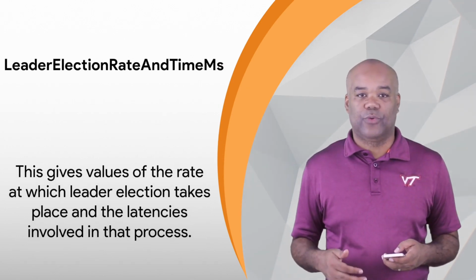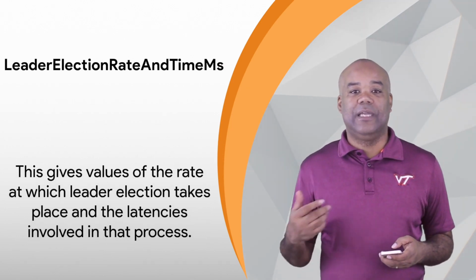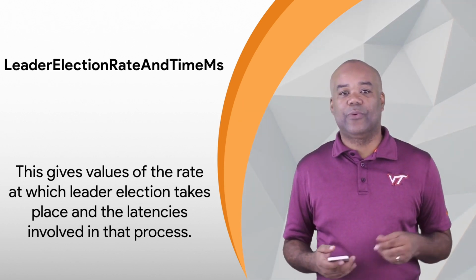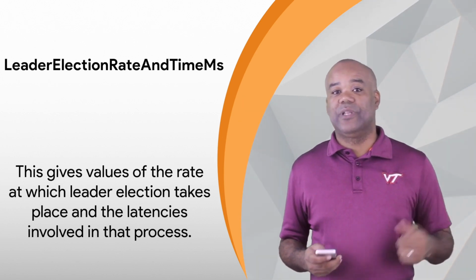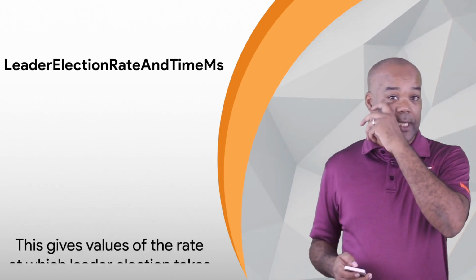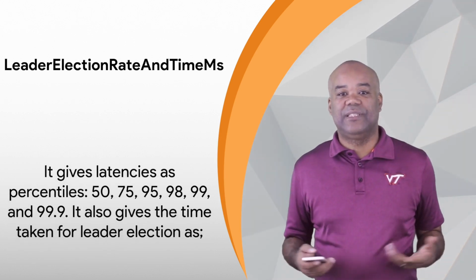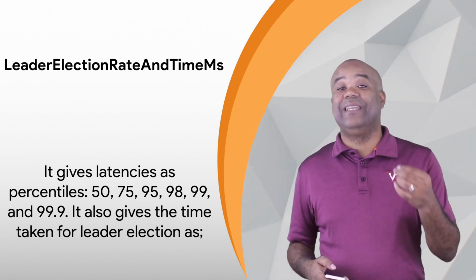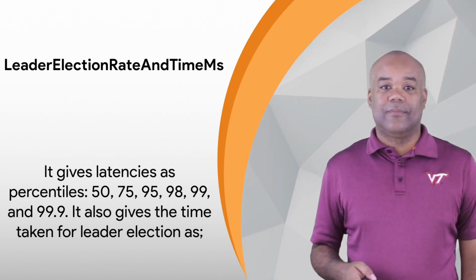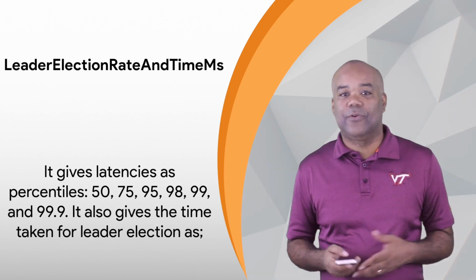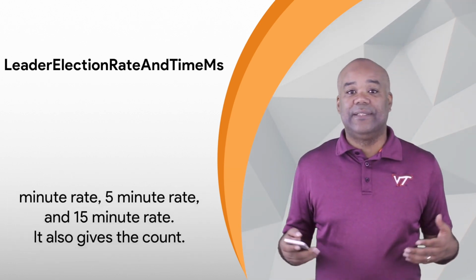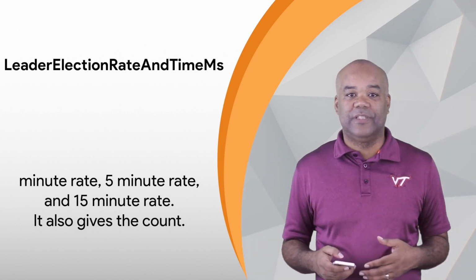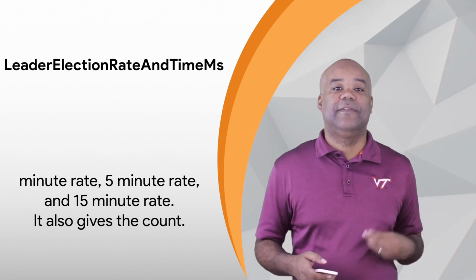There's leader election rate and time in milliseconds, which gives the value of the rate at which the leader election takes place, and also the latencies involved in that process. It gives latencies as percentiles: 50, 75, 95, 98, 99, and 99.9. And it also gives the time taken for leader election as 1-minute rate, 5-minute rate, 15-minute rate, etc. And it's also going to give the count.